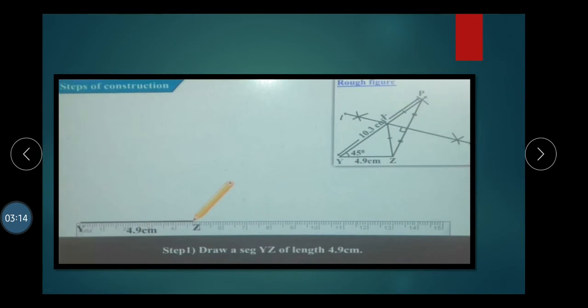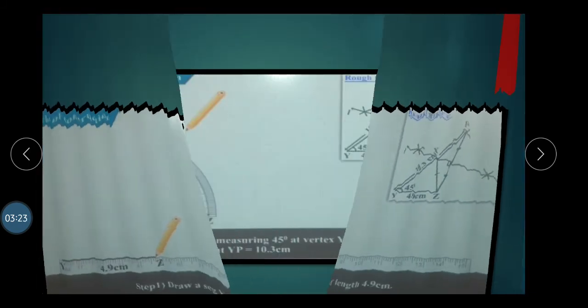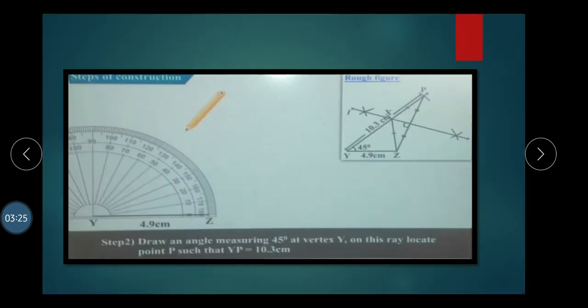Steps for construction. Step number 1. Draw seg YZ of length 4.9 centimeter. Step number 2. Draw an angle measuring 45 degree at vertex Y and on this ray locate point P such that YP is equal to 10.3.